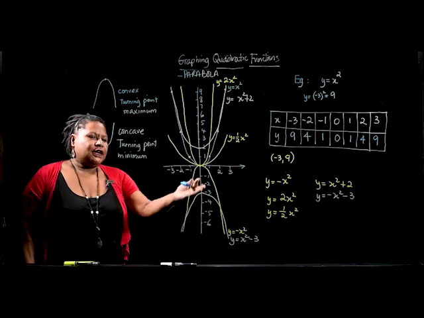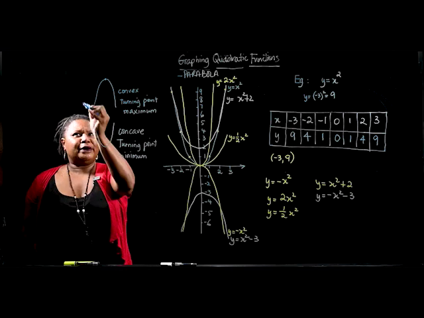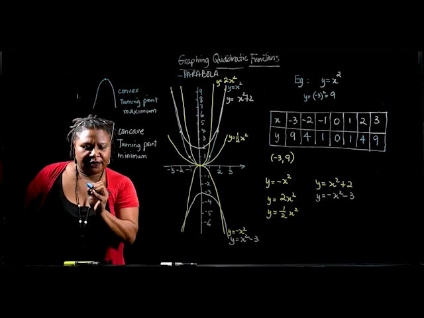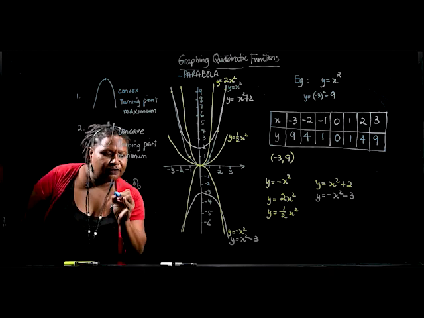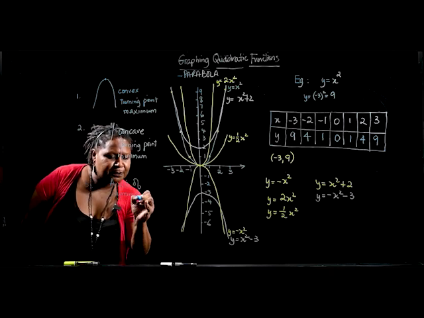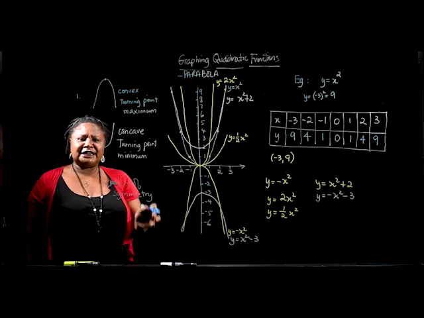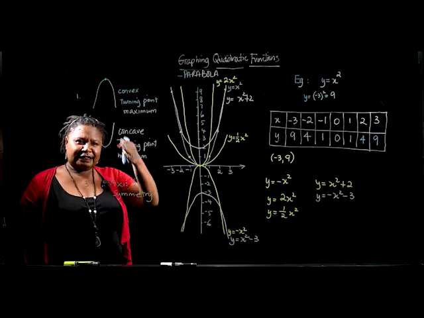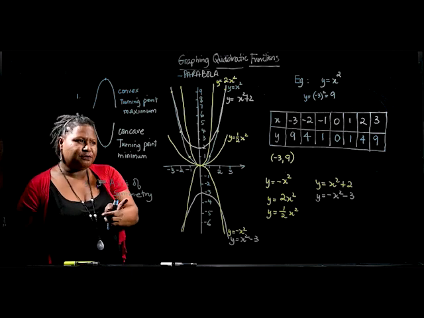Now, the last important thing we need to remember about our graph is where the axis of symmetry is. The axis of symmetry lies at the point where the graph turns. So the turning point is where we find the axis of symmetry.